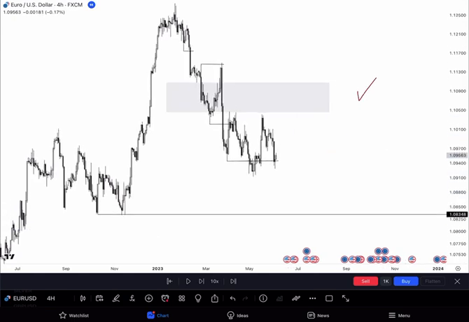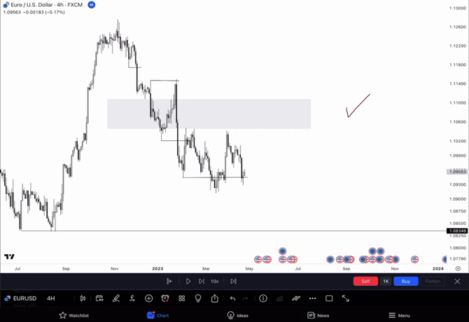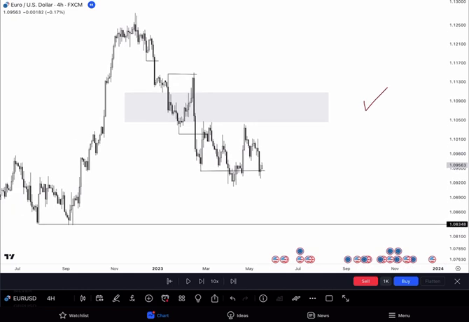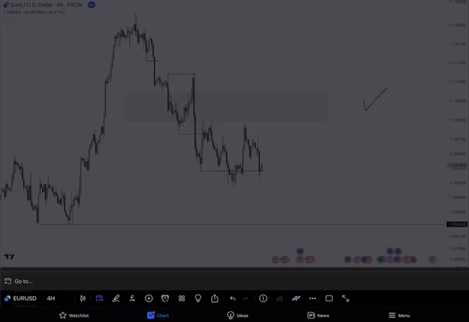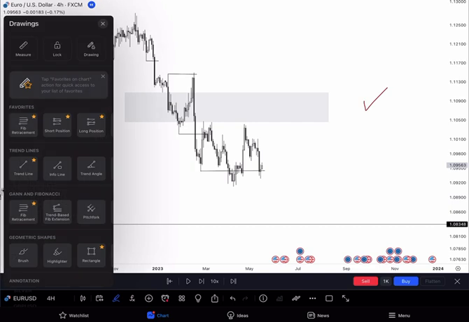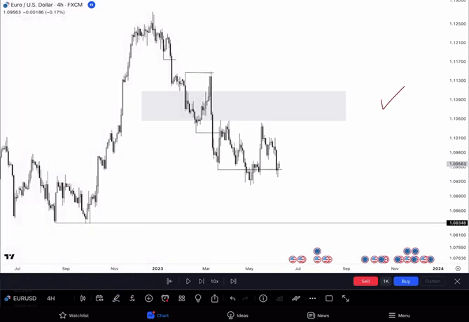So we can expect, first of all, a counter trend rally to these equal highs, right? Why? Because we're ranging range low to range high. And then from the range high, we expect a sell-off right down to here, right? Which is the low that broke the high, which also aligns as equal lows, right? So you see the context.